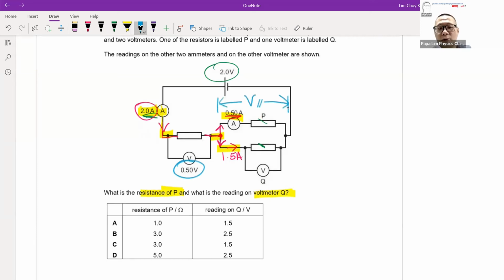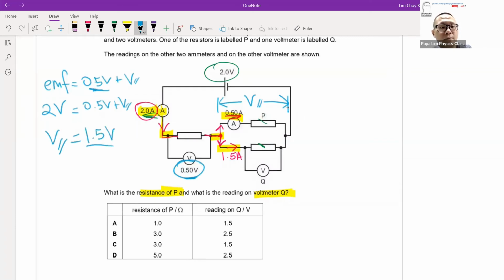Based on the calculation, the EMF consists of 0.5 volts, which is here, plus V parallel. Based on the question, EMF is 2 volts, 0.5 volts plus V parallel. I will be able to get V parallel is actually 1.5 volts.